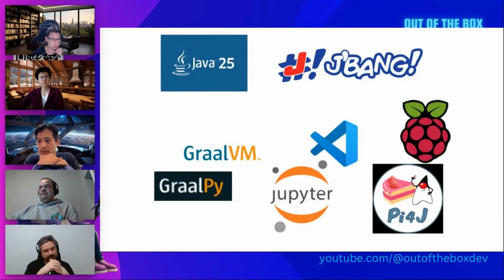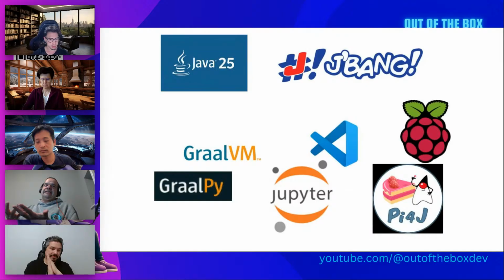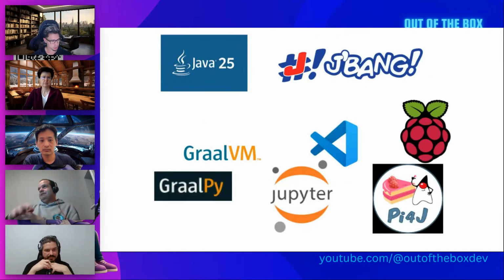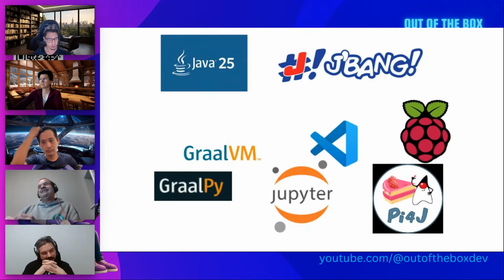Then you have it. And once you have that, you just need to press one button or click one place or a shortcut. And then you have the notebook out of the box and you can do the hello world in one line, right? So if you get this same VS Code and same plugin and run it on your Raspberry Pi, you have everything on top of the Raspberry Pi. Then what you just need is to use Pi4j, and then you can control the Raspberry Pi and you have everything together, right?